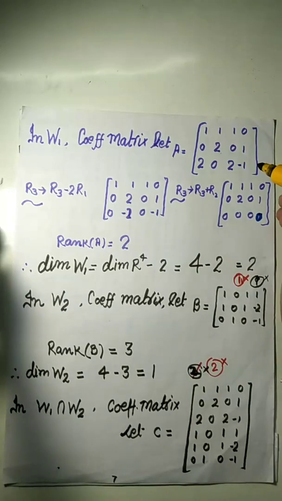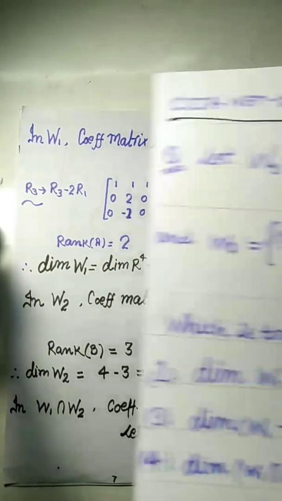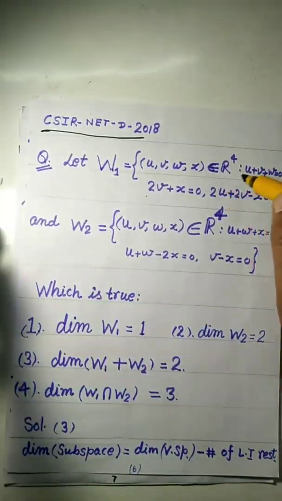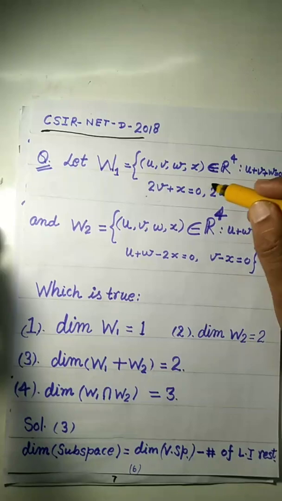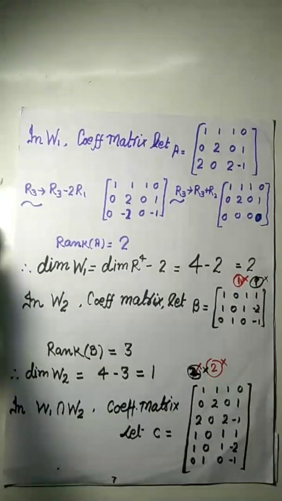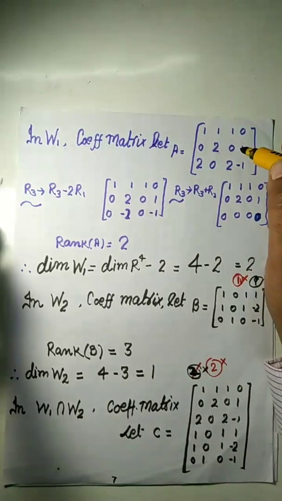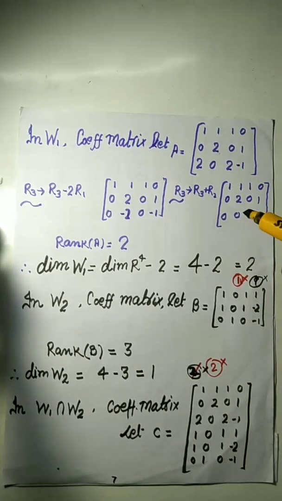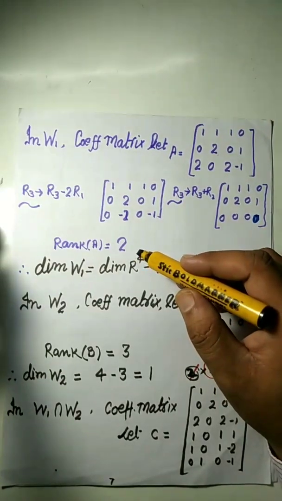Now, for W1, this is the coefficient matrix of these restrictions. So, we will obtain here coefficient matrix, and rank of this coefficient matrix by row reduced echelon method will be 2.